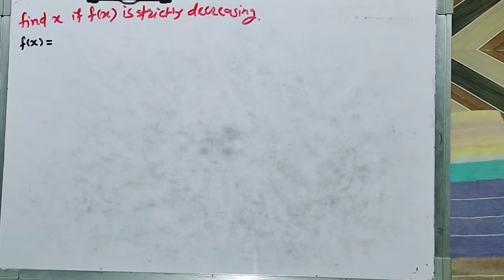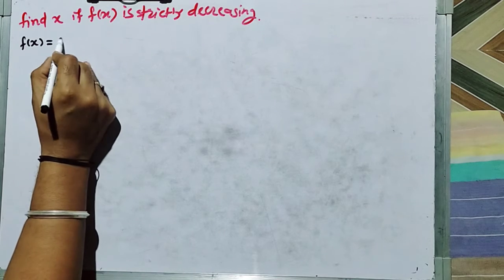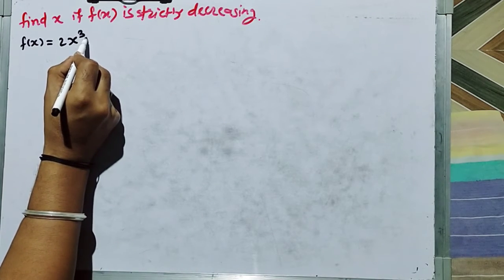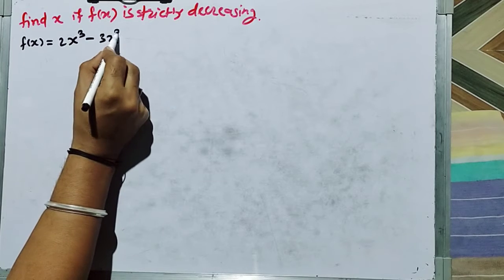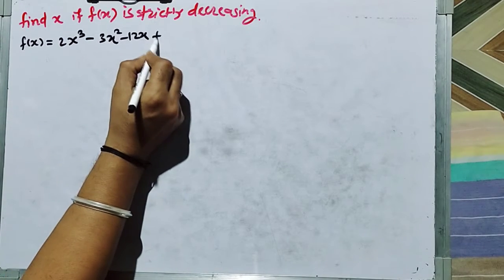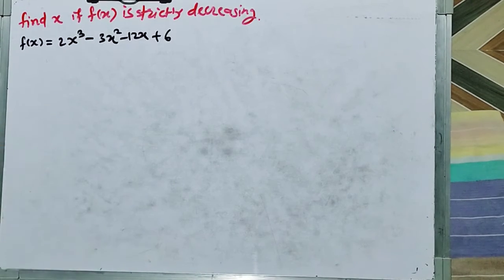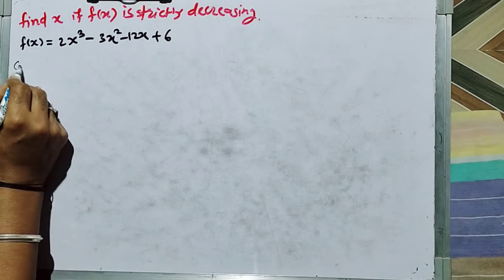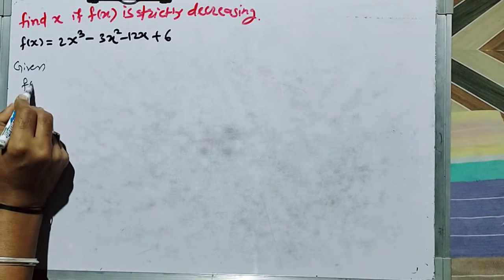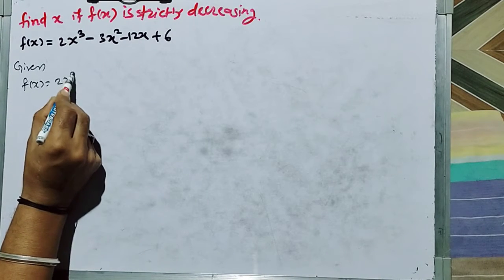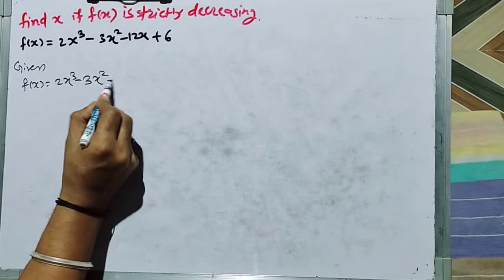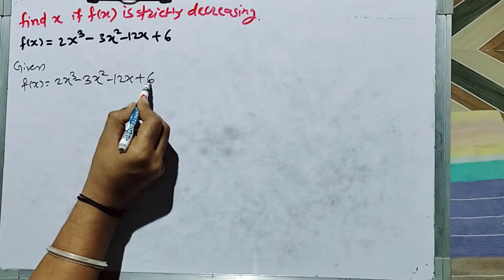So your next example: find the value of x if f(x) is strictly decreasing. So here f(x) = 2x³ - 3x² - 12x + 6.